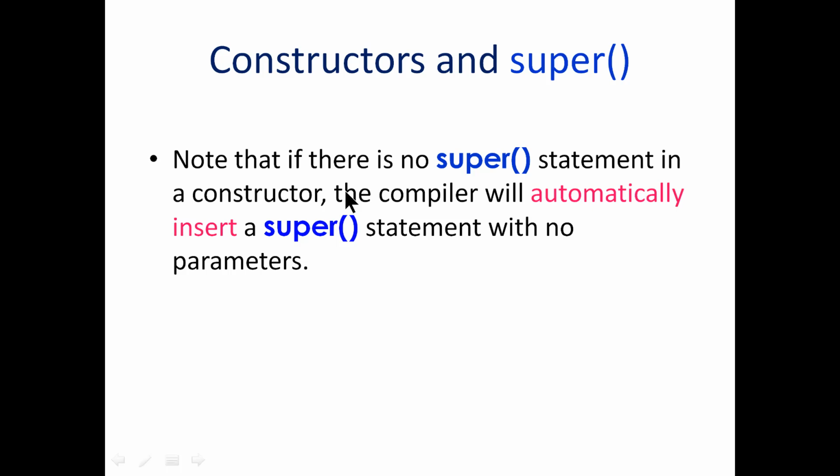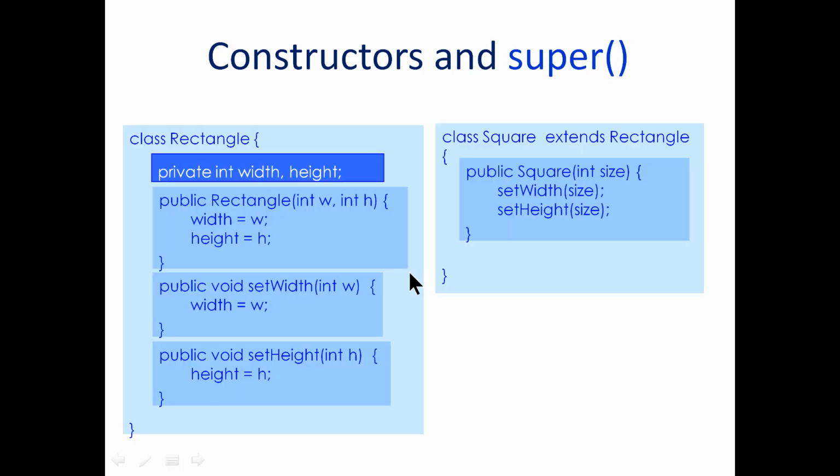So constructors and super are very powerful, but remember you cannot have two supers. You can have only one, and otherwise a super statement is called automatically. You can see here again class Rectangle, we have two properties. This is a parameter constructor with width and height as the parameters we are initializing. We have setWidth and setHeight methods. If I'm setting the width and the height differently, I need a separate method. Why? Because these are private properties, I cannot directly access them.